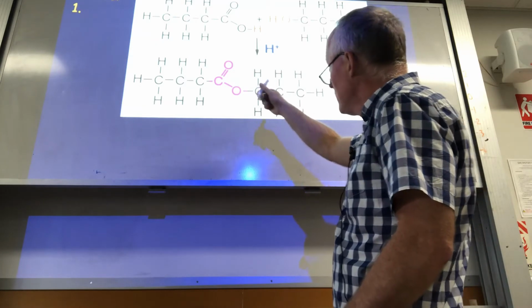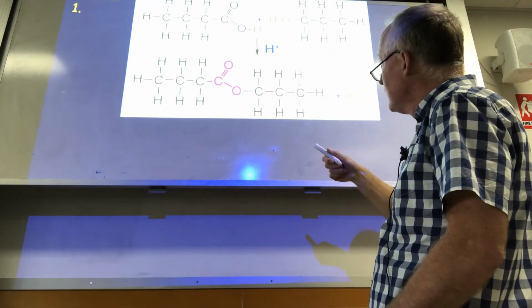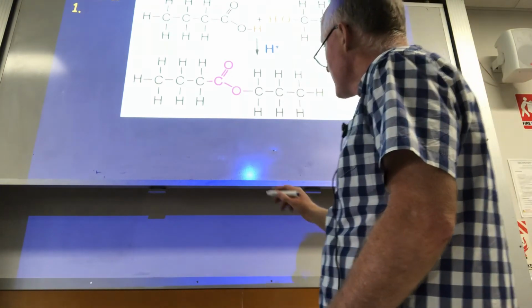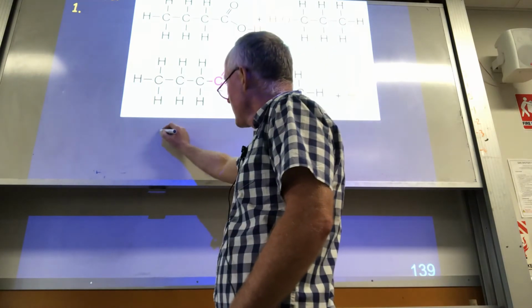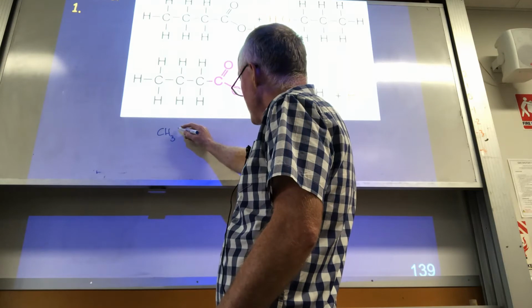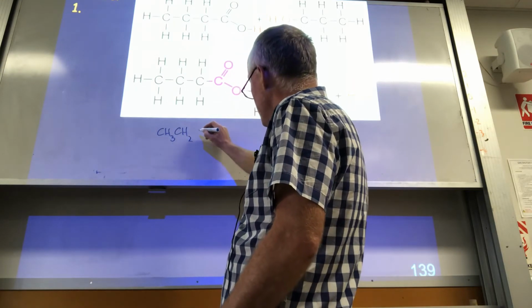I think I might just show the process of producing the ester here, and then you'll see the acid and the alcohol on the solutions anyway. So the ester, CH3 on the end. So we're just going down the chain, one atom at a time, saying what's attached to that atom.